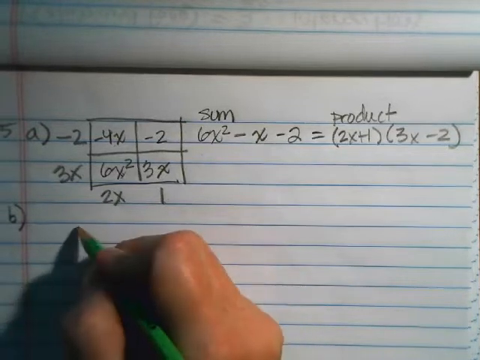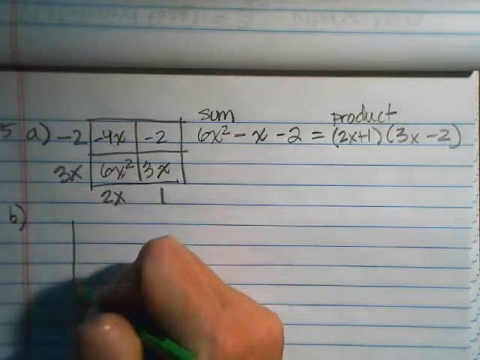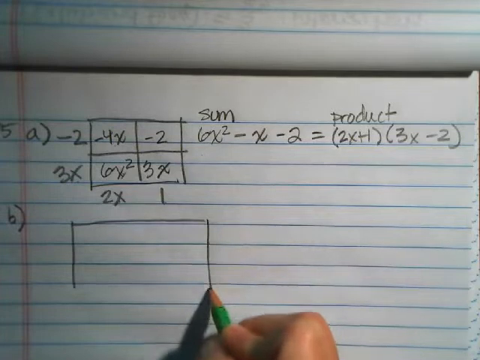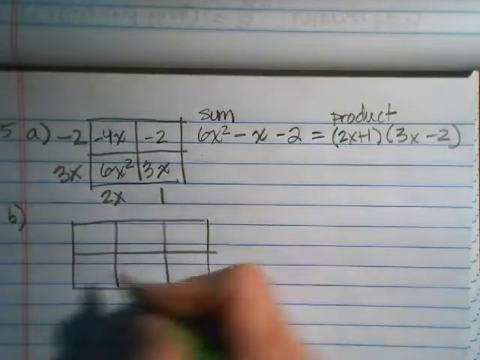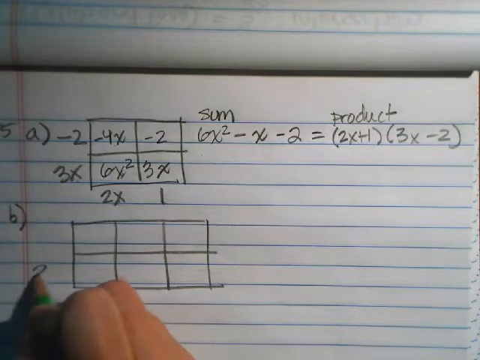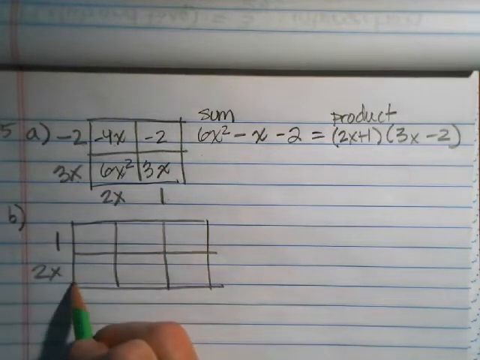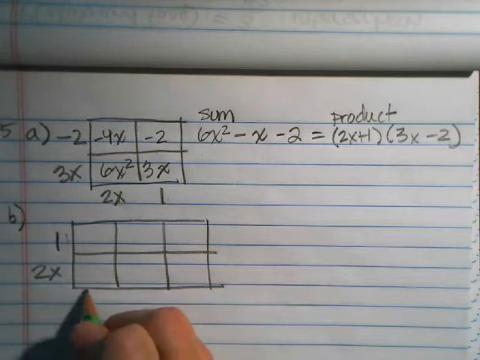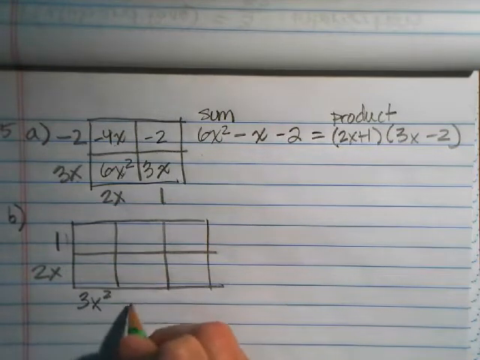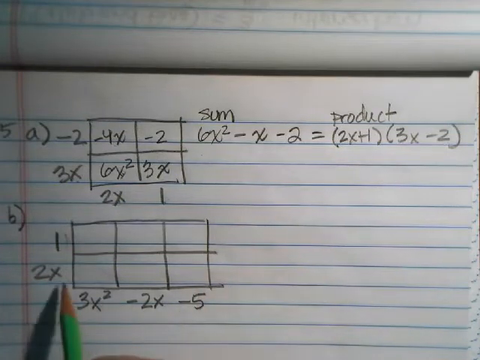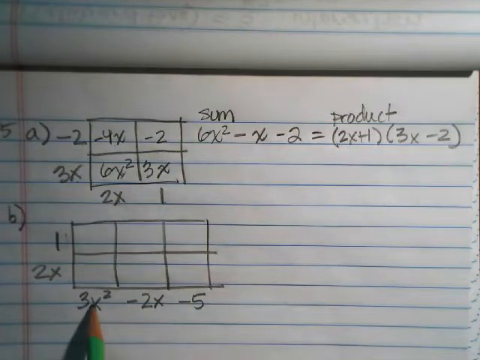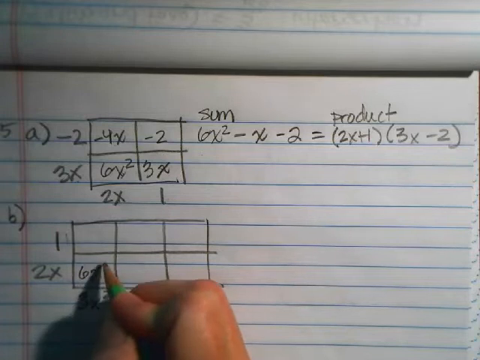Oh, we've got a binomial and a trinomial. I think this is the first time you've had one like this on homework. So I'm going to make a 2 by 3 box. I'm going to put 2x and 1 on the side that has 2 squares, and then on the side that has 3 squares, put 3x squared minus 2x minus 5. So when I multiply these, I get 6x cubed.